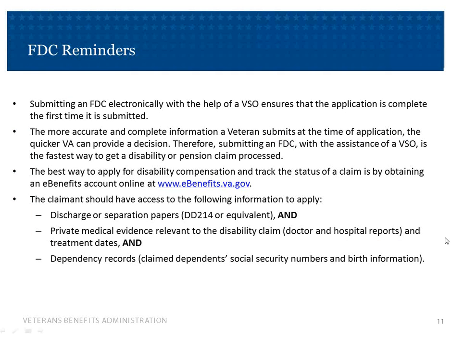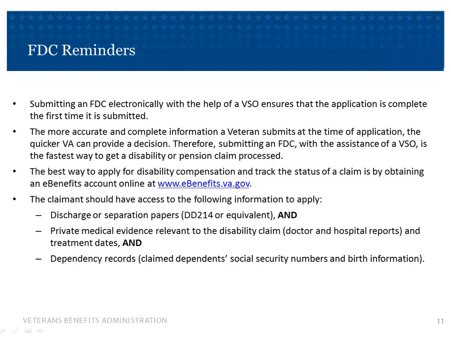Submitting a fully developed claim online is the fastest way to get a disability compensation claim processed. eBenefits is the online tool that gives veterans, service members, and their families instant access to Department of Defense and VA information. With eBenefits, the user can submit fully developed claims online and check the status of his or her claim 24 hours a day, 7 days a week.